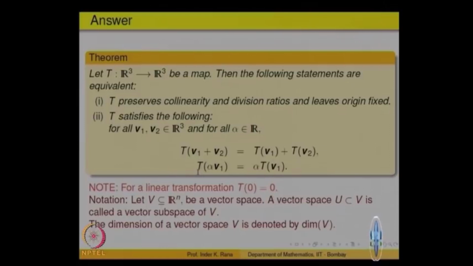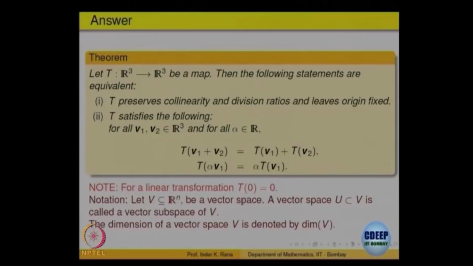So, we will note one thing important, that because T of alpha V1 is equal to alpha T V1 for all alpha, if I take alpha equal to 0, what does it give you? T of 0 is equal to 0. So, such maps will leave origin fixed. That is a consequence of this property, origin is fixed, T of 0 is 0.